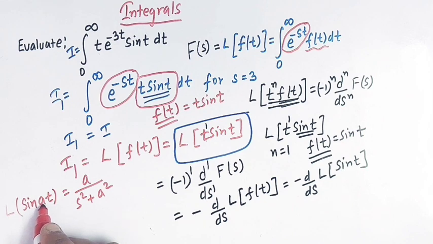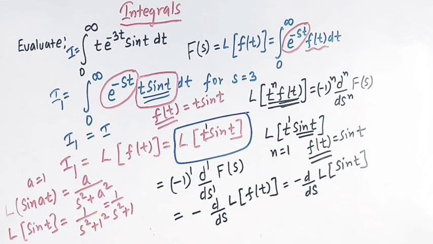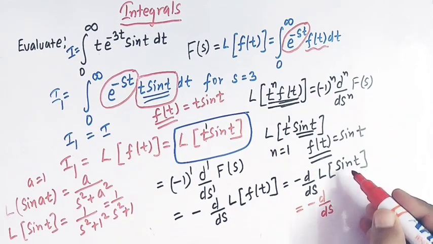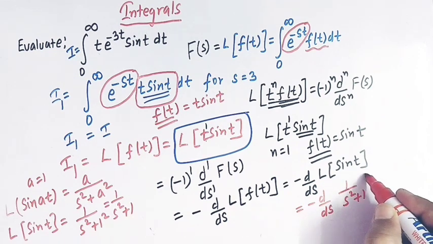So if we take a is equal to 1, then the Laplace transform of sine t is given by 1 over s square plus 1 square, that is equal to 1 over s square plus 1, right? So now we can write minus d by ds of the Laplace transform of sine t, which is 1 over s square plus 1, right?